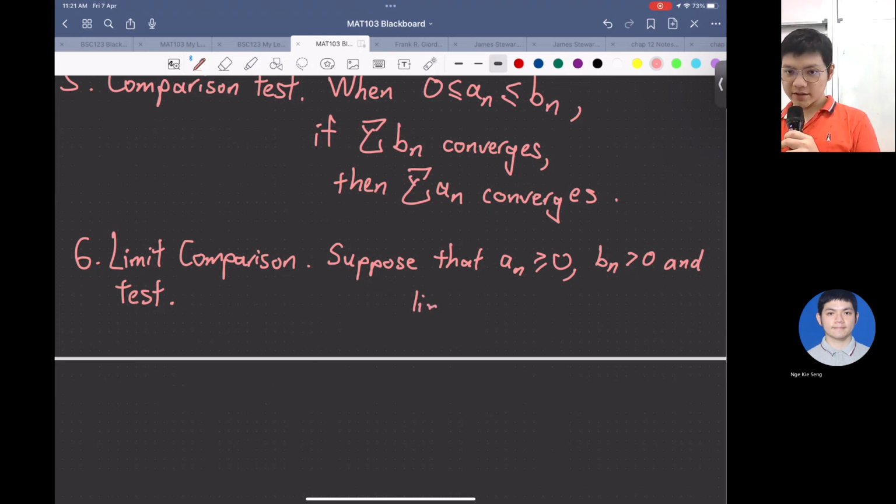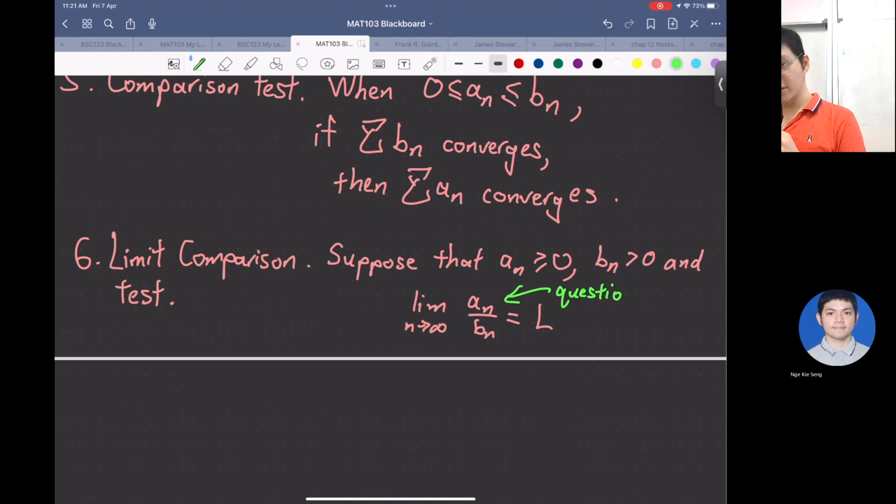Then we look at the limit of An over Bn. The one that is strictly positive will be in the denominator. Usually the numerator is the one we want to prove converges or not, and the denominator is the one that is known.